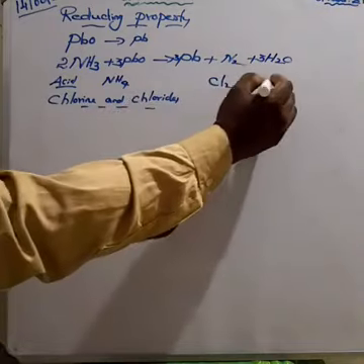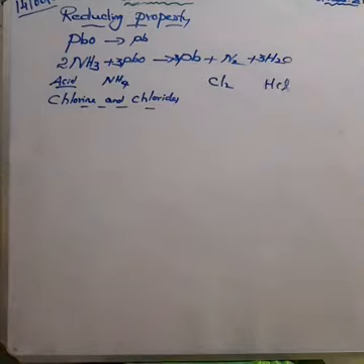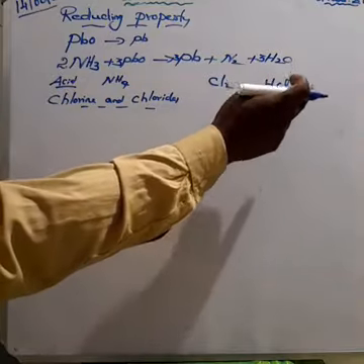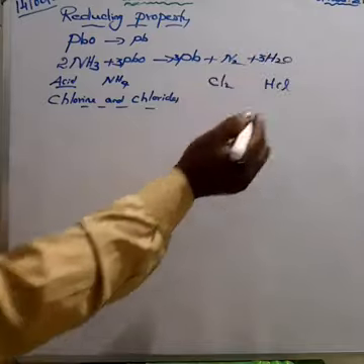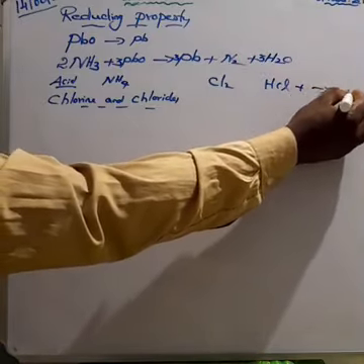Chloride we can take as HCl, hydrogen chloride. So ammonia reacts with chlorine, we get hydrochloride. This hydrochloride on reacting with ammonia gives ammonium chloride.